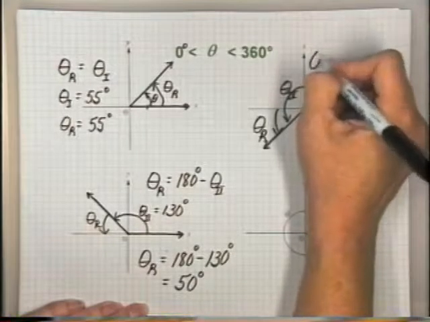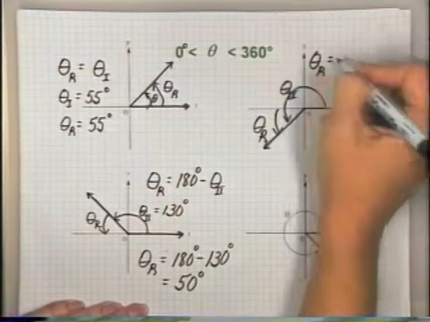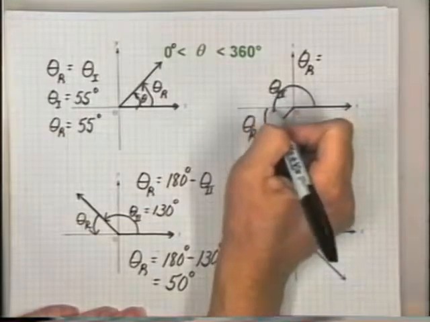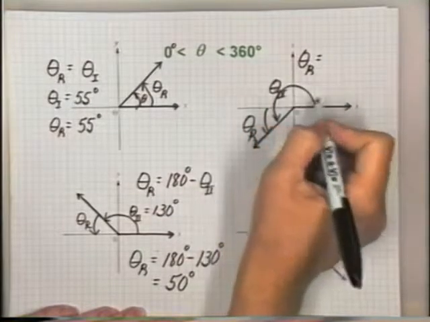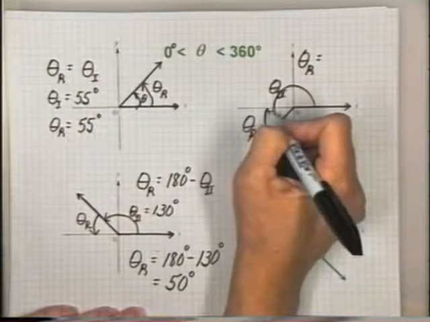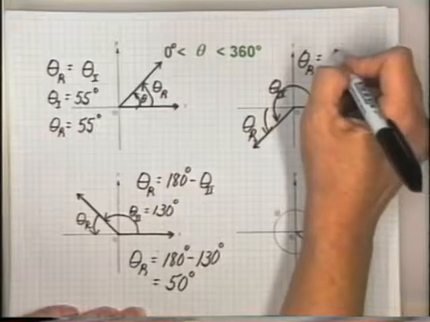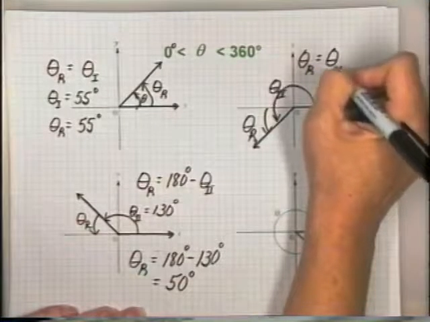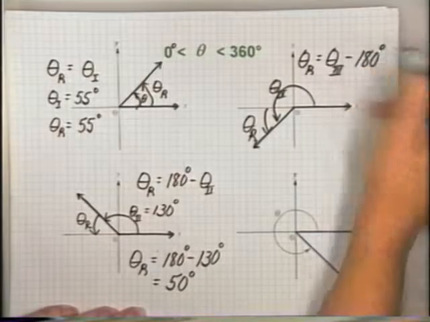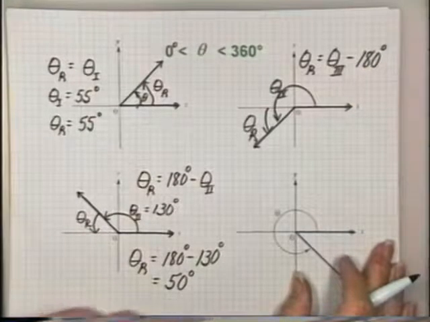When I get ready to find it, I will use the fact that a straight angle measures 180 degrees. I know the measure of my third quadrant angle, so to find this reference angle, I will take my third quadrant angle and I will subtract from it 180 degrees.